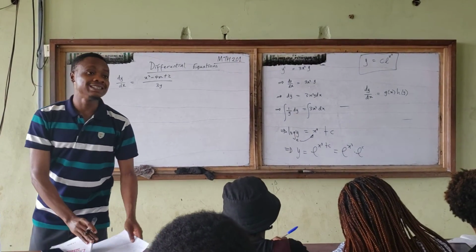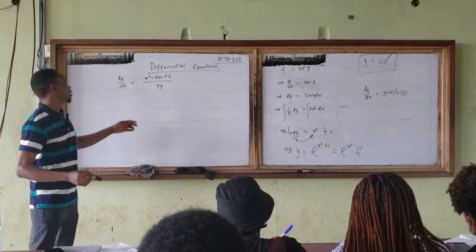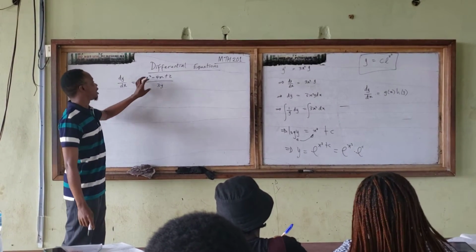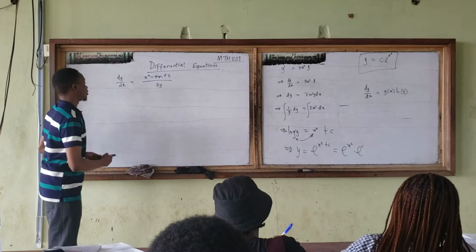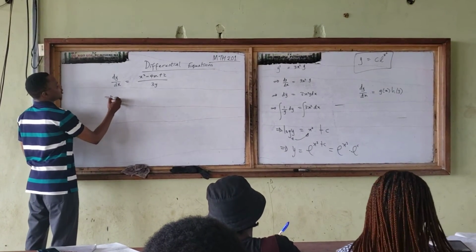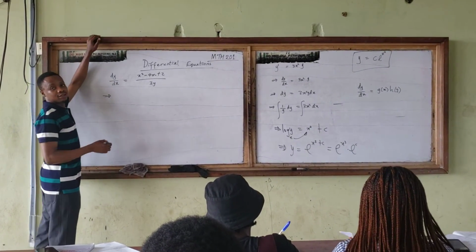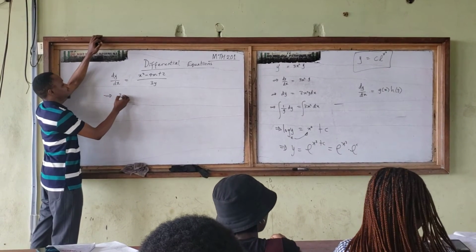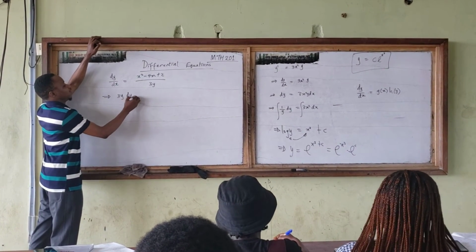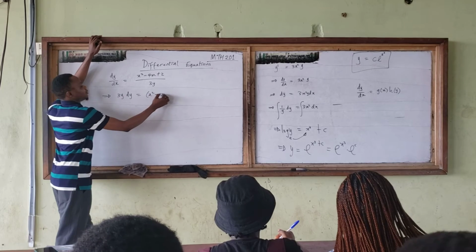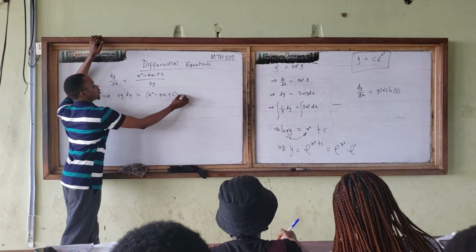Okay, so is this separable? Yes. You can separate this out by cross multiplying, right? So when you cross multiply this, you are going to have 3y equal to x squared minus 4x plus 2.